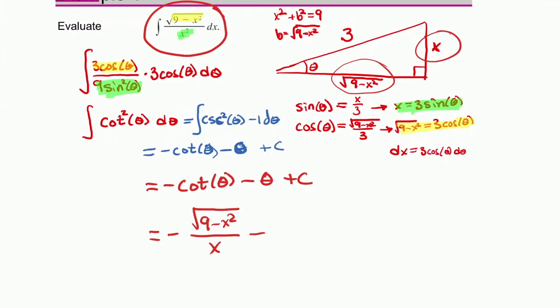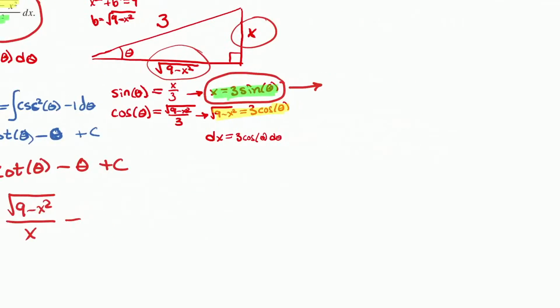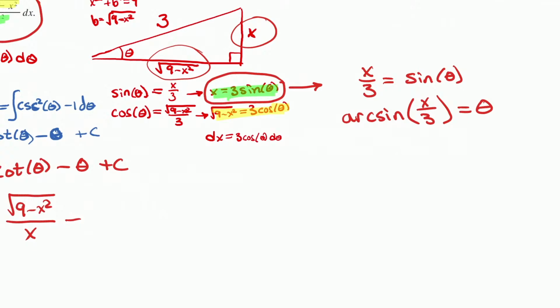Well, you have several options, but the easiest option is to use this. x is equal to 3 sine of theta, which means that x over 3 is the sine of theta, which means that the arc sine of x over 3 is equal to theta. Now, of course, this will restrict the values of x to some degree because the domain of arc sine is between -1 and 1.